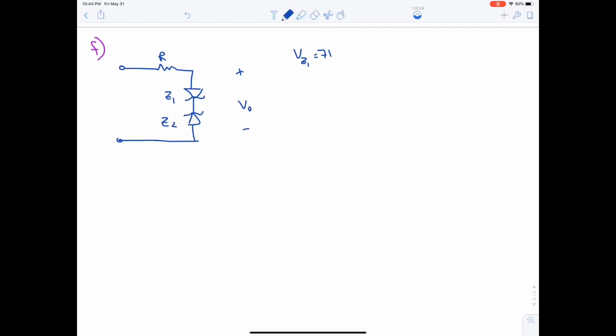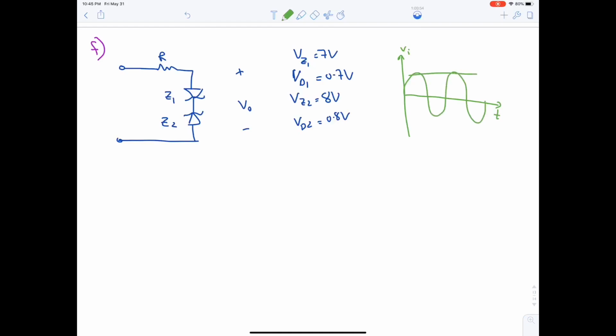VZ1 is 7 volt, VD1 is 0.7 volt, VZ2 is 8 volt, and VD2 is 0.8 volt. Okay. Now, the reference as usual, time V input, VI and minus VI.